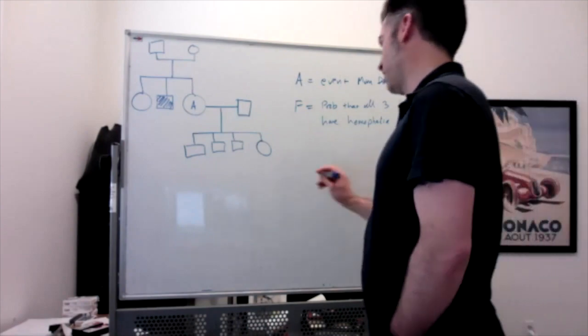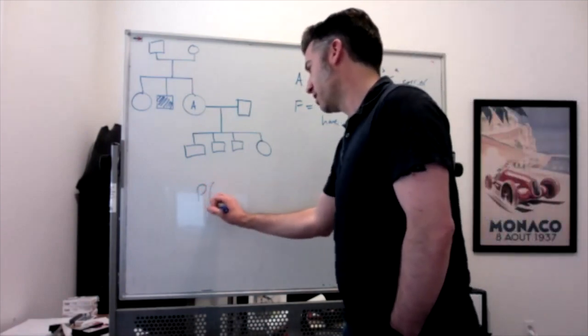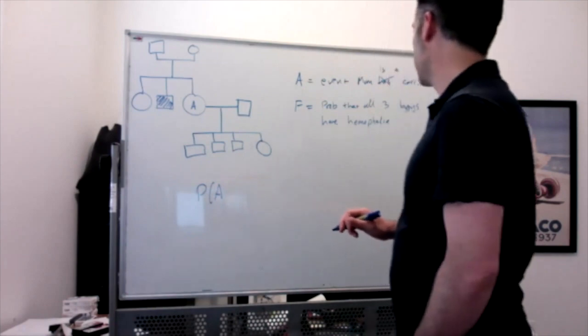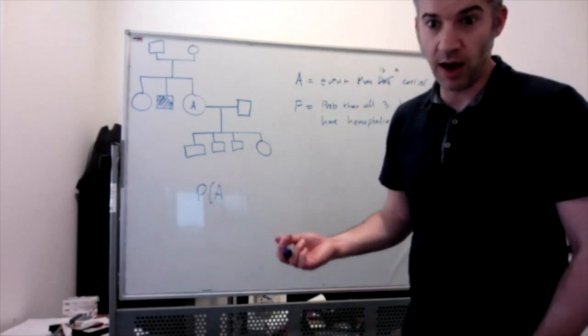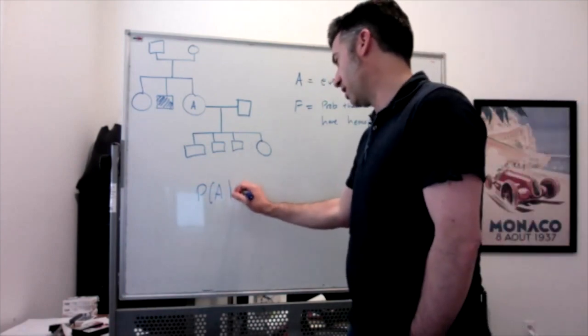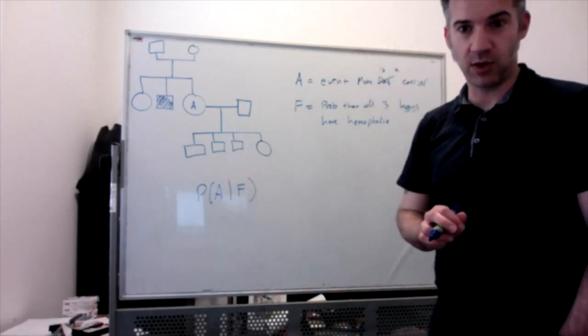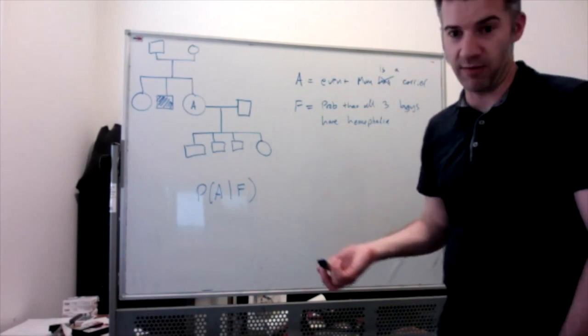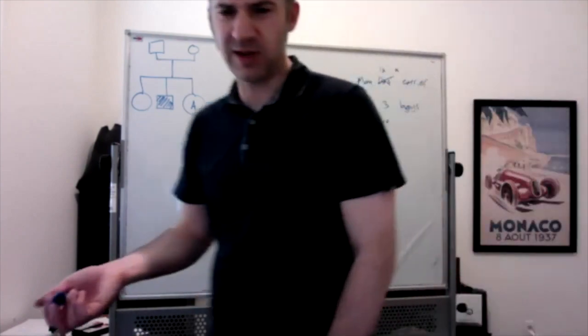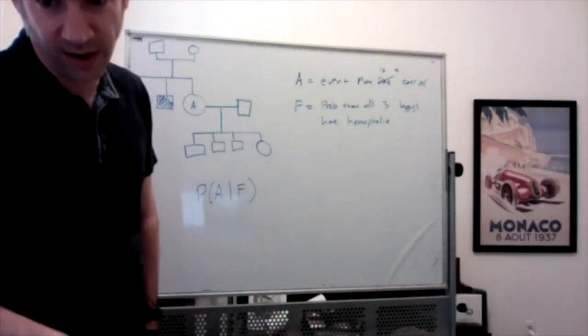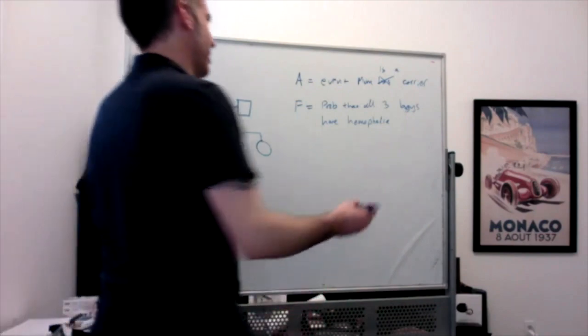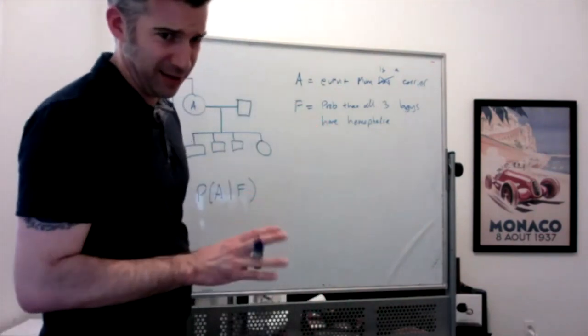So here's what we really want to find. We want to find the probability of her being a carrier, given that her 3 boys do not have hemophilia, right? Yeah, that makes more sense because that's actually what's happening.